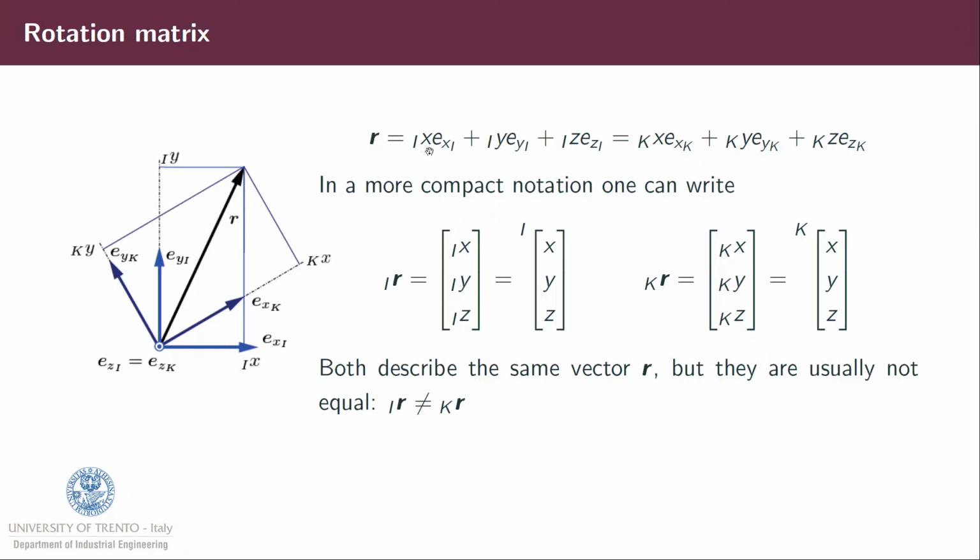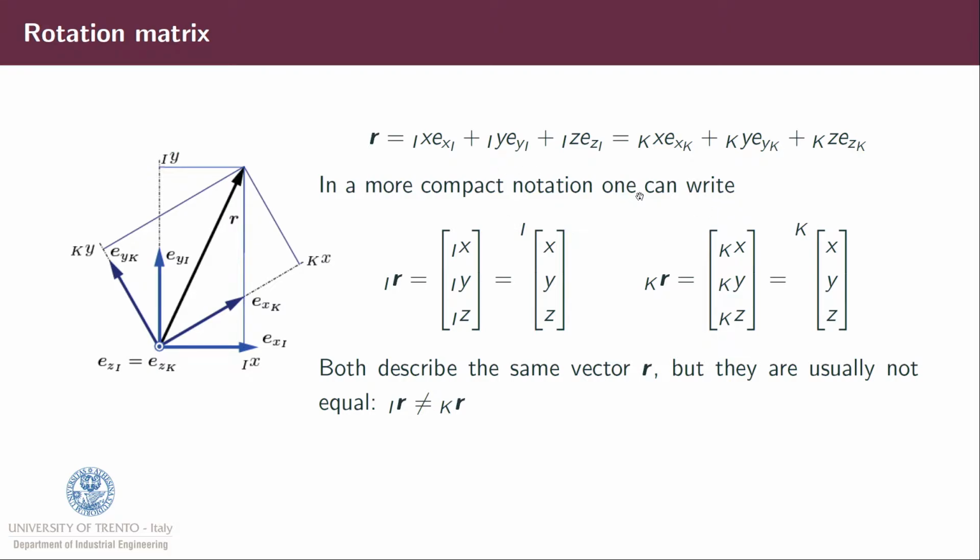In general, we can write down that r is equal to xi exi plus yi eyi plus zi ezi, which is equal also to xk exk plus yk eyk plus zk ezk, which means that the vector r can be expressed with coordinates in the k reference frame or in the i reference frame.